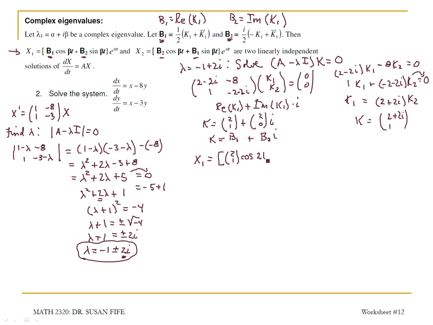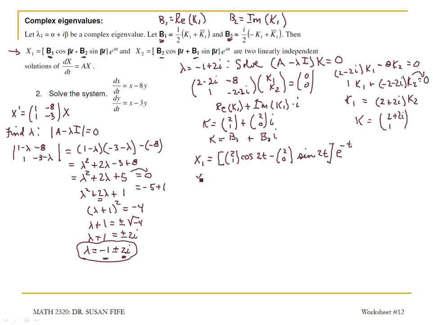Cosine 2t minus b2, which is a vector 2, 0, sine beta t, multiplied by e to the alpha t. Alpha is negative 1. So I get multiplied by e to the negative t.